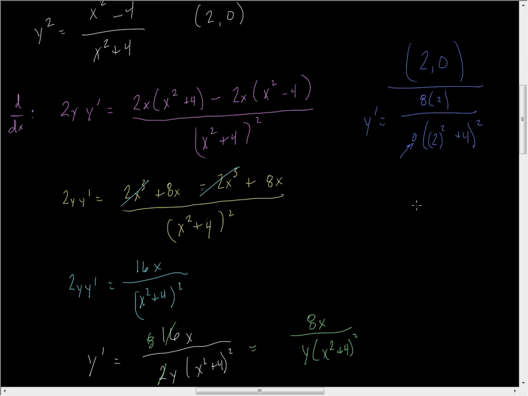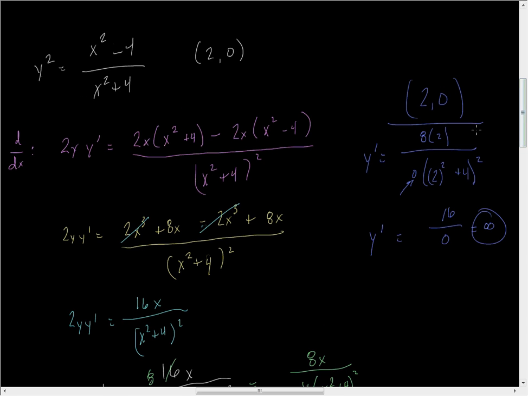So we have y prime is equal to 16 over 0, which, if we allowed this to go off as a limit, we would recognize as an infinite value. And so here it appears that we're going to have some kind of an issue of having a vertical slope at this point.